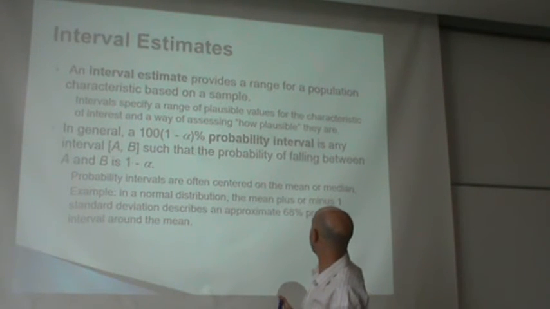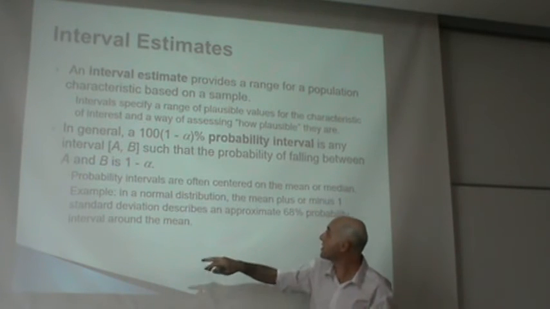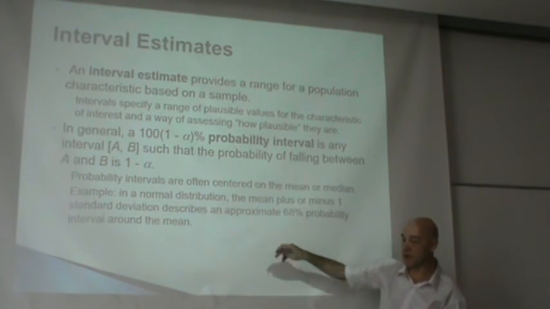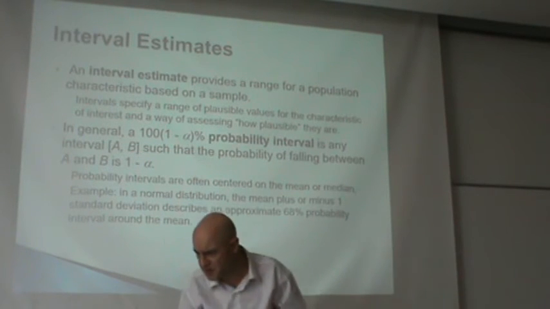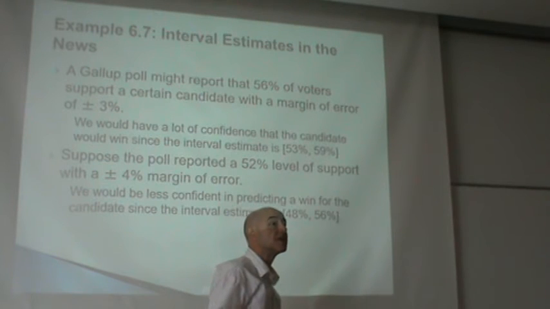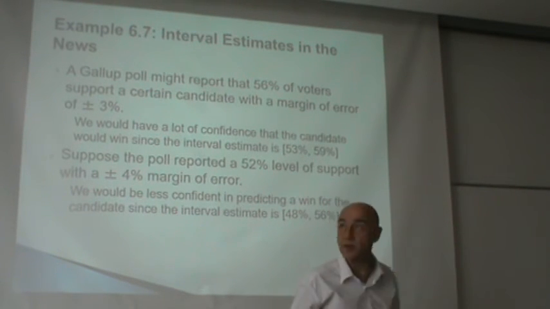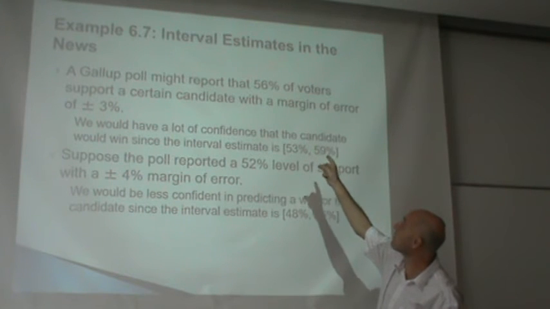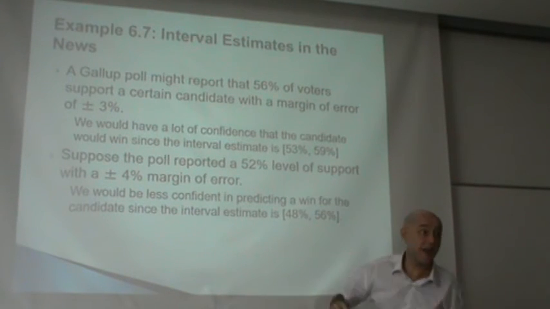Let's see if it's coming. So they tell you, if it's just one, it's 68% probability. Let's try and show the confidence interval. Well, that's a simple example that they give you. You've got some report and they say 56% of voters support a certain candidate.